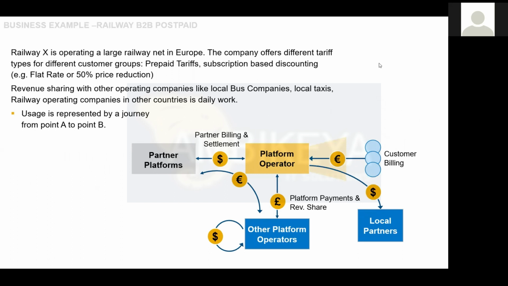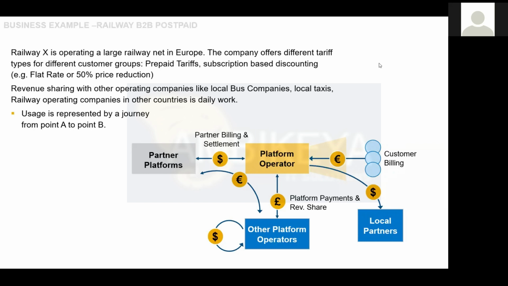We typically have revenue sharing with other operating companies like bus companies, local taxis, or railways operating in other countries. This is daily work for the railway industry, that they have revenue sharing between different participating networks.